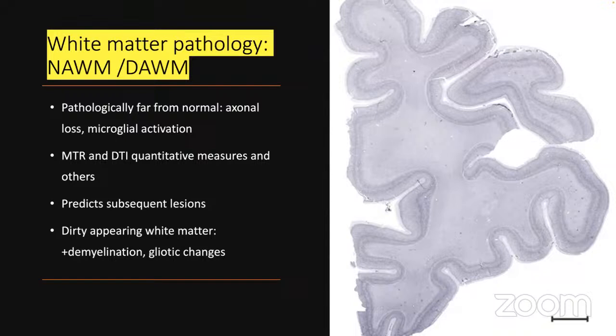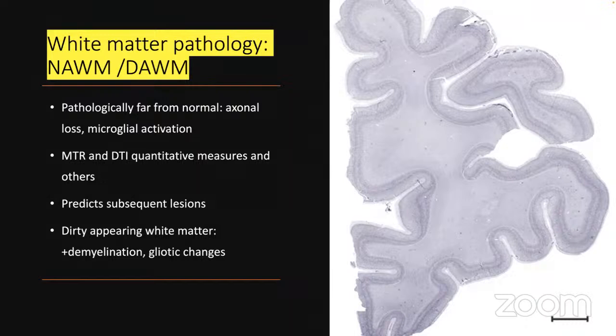MS is a biological disease with focal phenomena as part of it. Actually the whole brain is involved in one way or another, and the normal appearing white matter is a good example. From a pathological point of view, the normal appearing white matter is far from being normal.